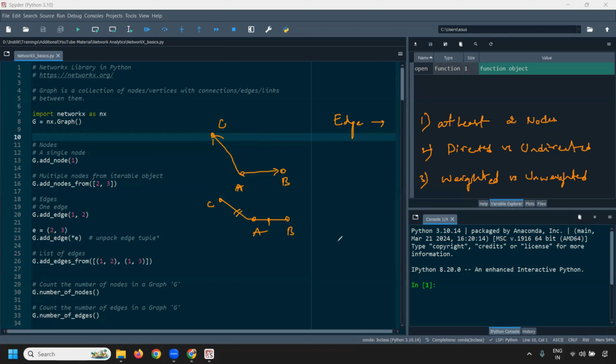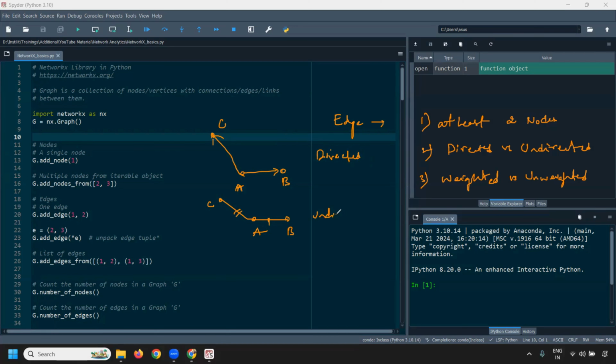Do we have direct connecting flights between these airports or not? But if I talk about a directed graph, we are talking about flights taking off from airport A to B and C. But do we have return flights? We may not have. That is not represented here. So that is about directed and undirected.